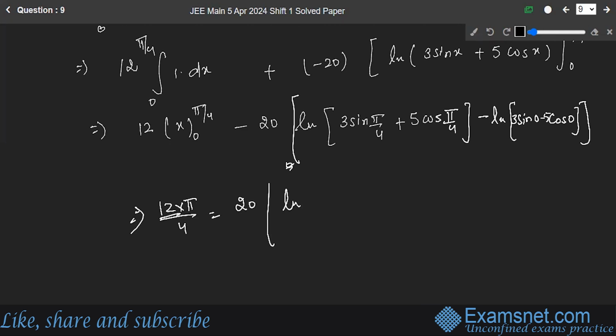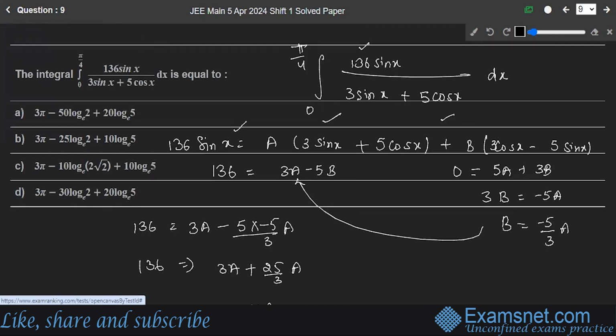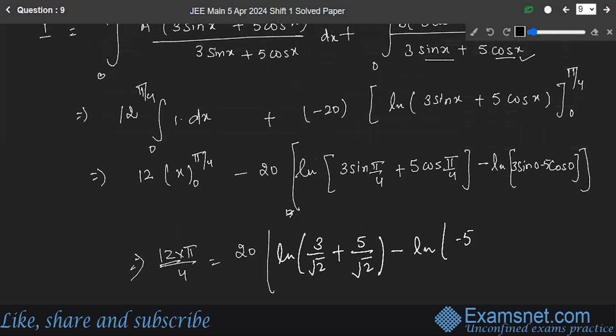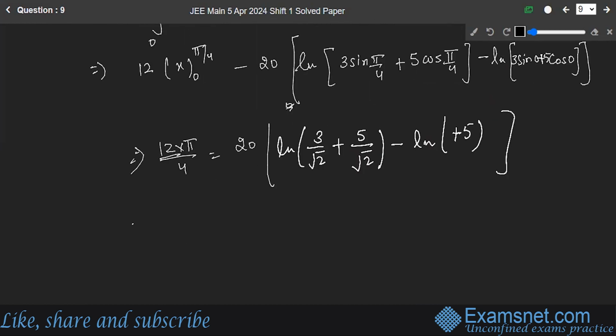This will give me log of 3 upon root 2, 5 upon root 2, minus log of minus 5 was plus. So plus 5, right? So this was minus over here.